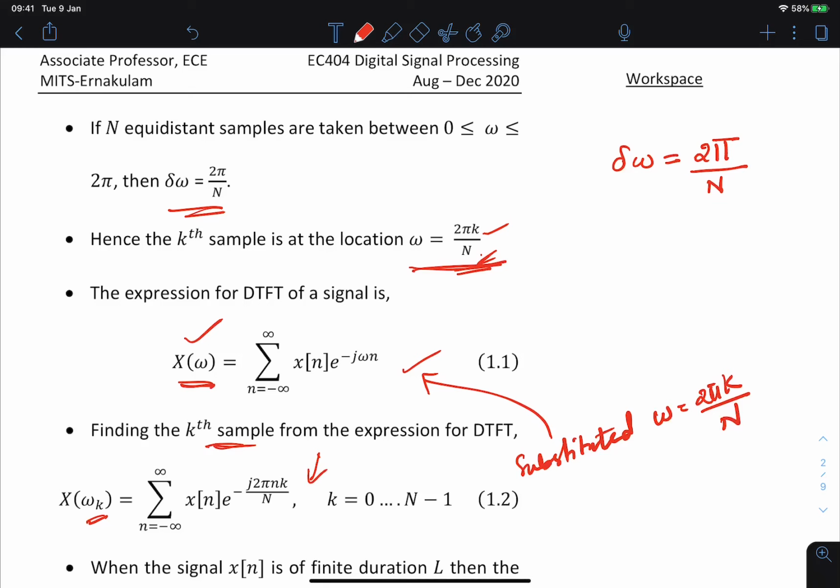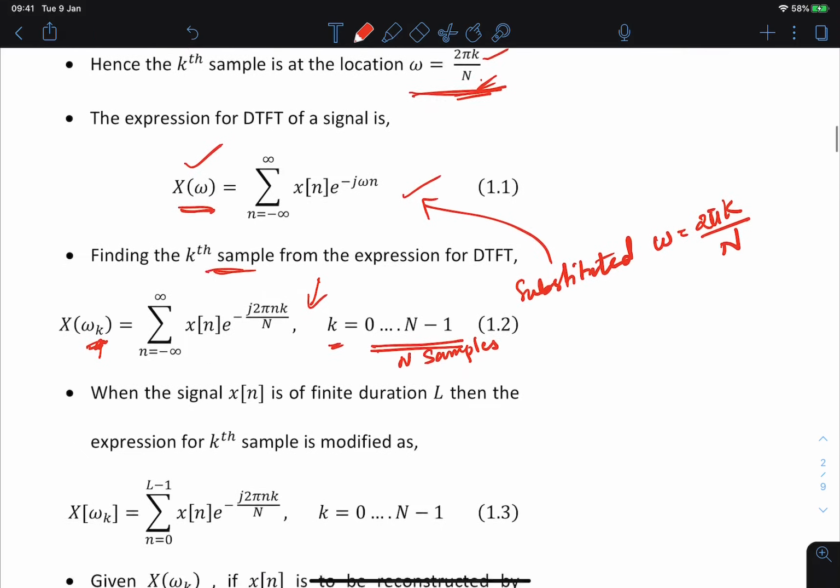And what is the meaning of k equal to 0 to N minus 1? That is because we have taken N samples, and this is the kth sample, so k can vary from the 0th sample to N minus 1. That is, a total of N samples are taken in the frequency domain in the range of 0 to 2 pi.